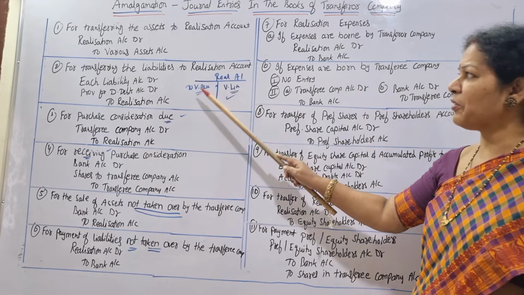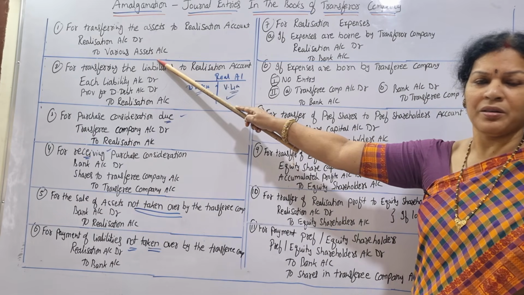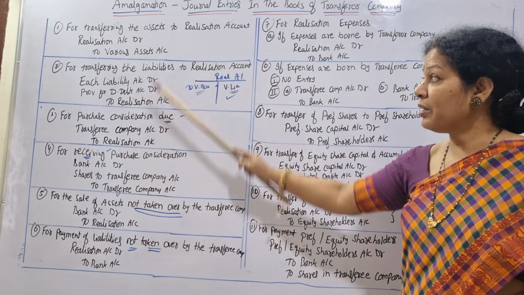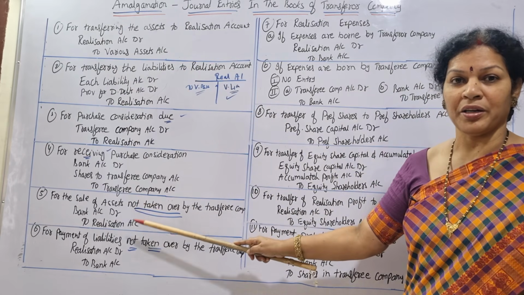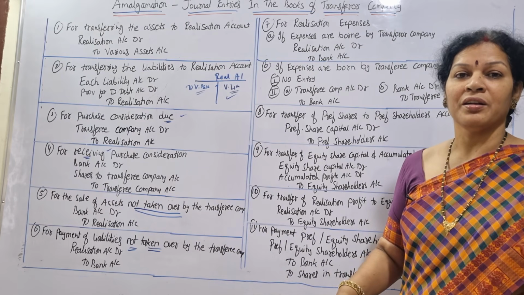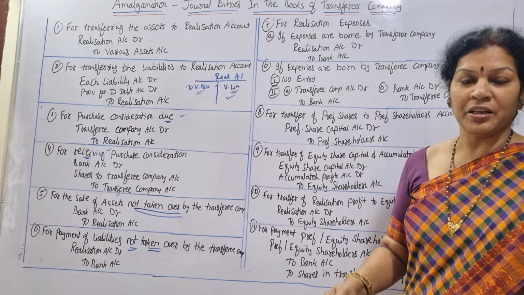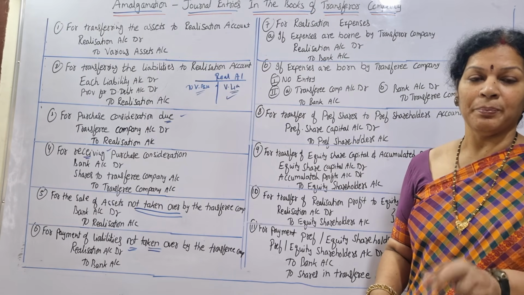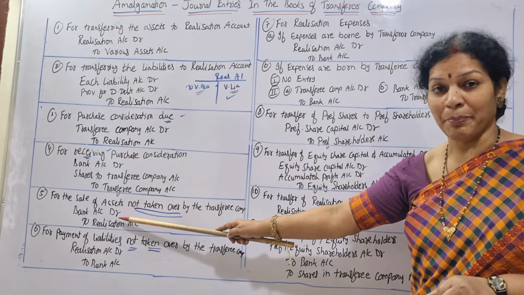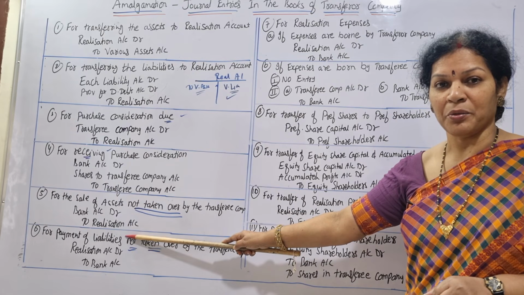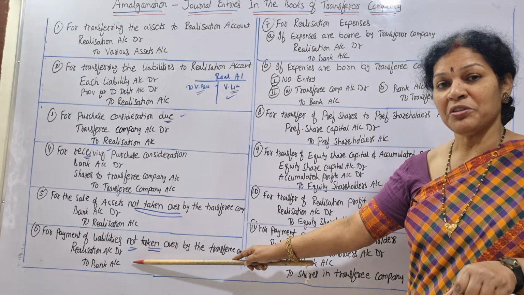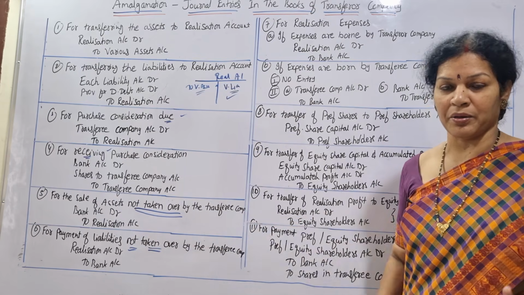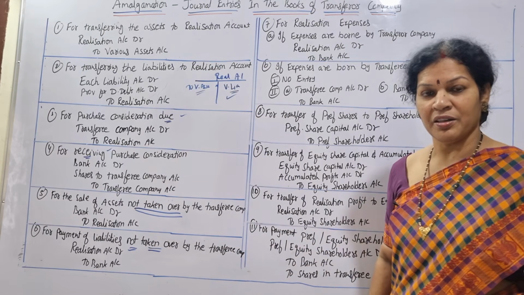Or in the same fashion you can remember: taken over, realization account debited to various accounts; not taken over, here various assets we don't write, bank account debited, which means we are taking care of the responsibility of the assets which are not taken over by the transferee company. That is why we are saying bank account debited to realization account. Liabilities which are not taken over by the company, then opposite to this, realization account debited to bank account. Up to here clear? Very easy.